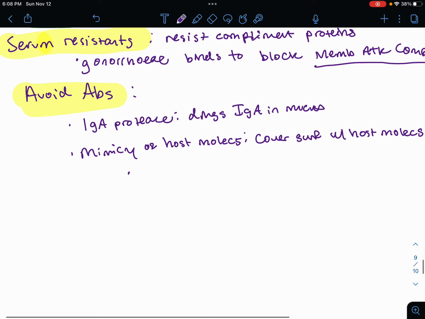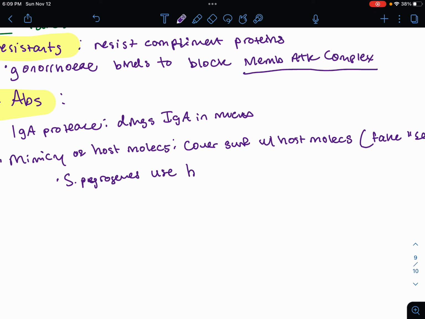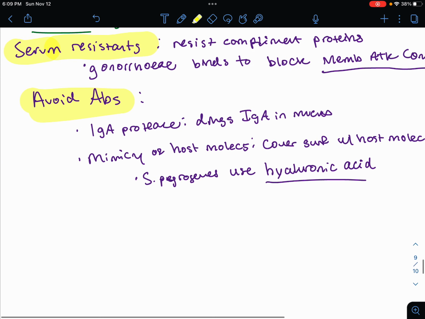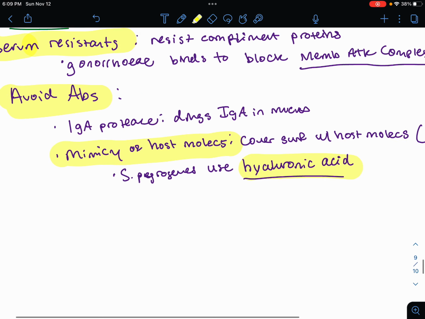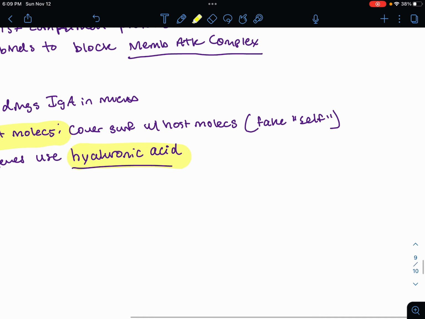Streptococcus pyogenes again, so S. pyogenes is a jack of all trades. Most of these are going to be S. pyogenes methods. They're going to use something called hyaluronic acid, a polysaccharide found in the tissues in order to play dress up here.